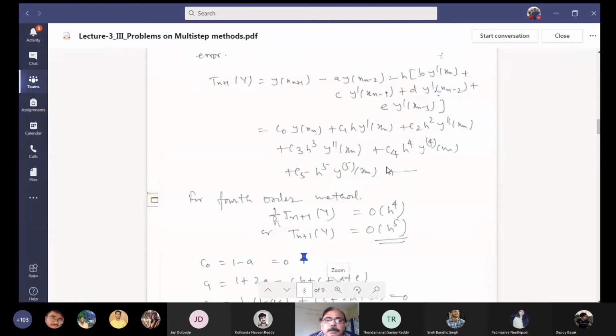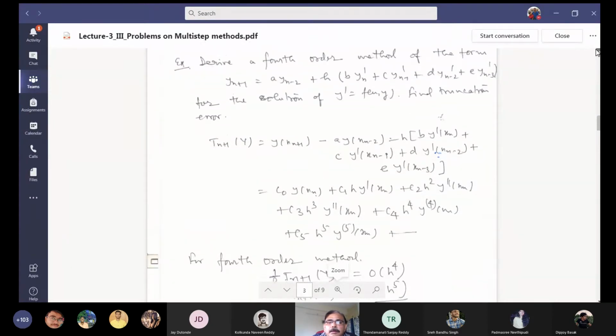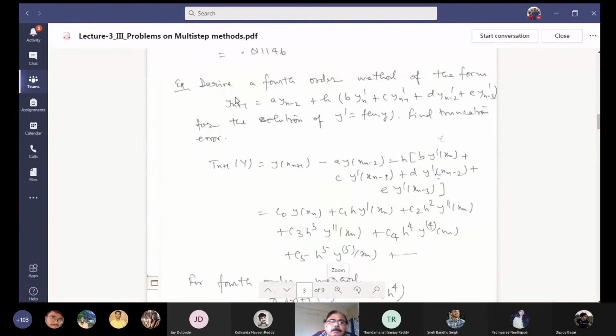In this problem, it is written as, let me. I think this problem is given in your book also, in the exercise part, if I remember it correctly.